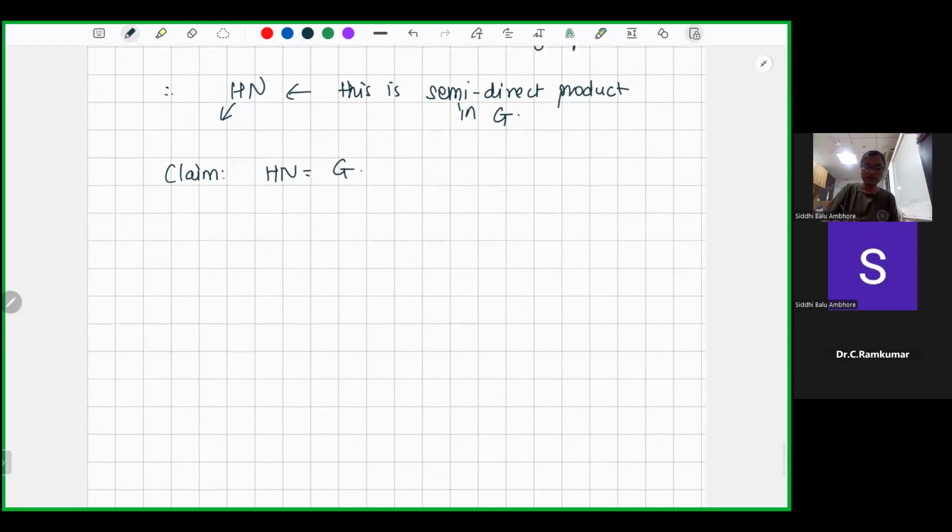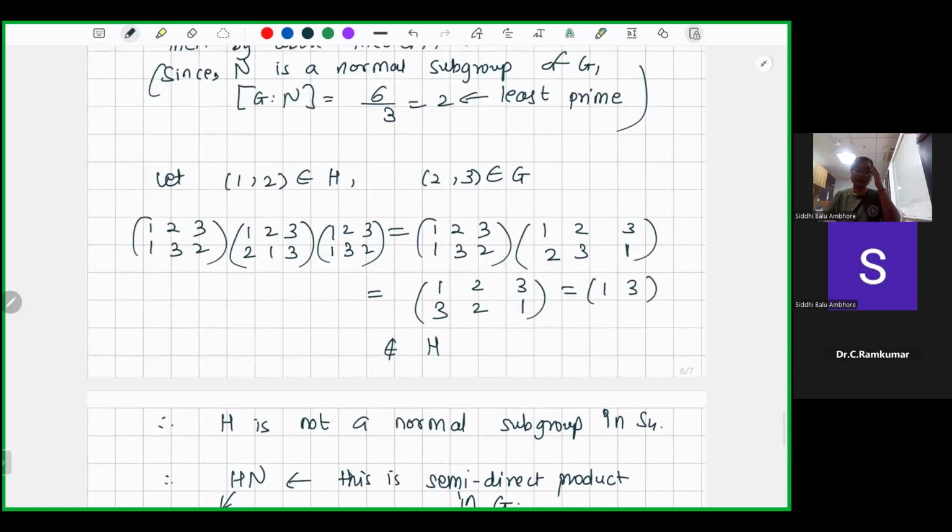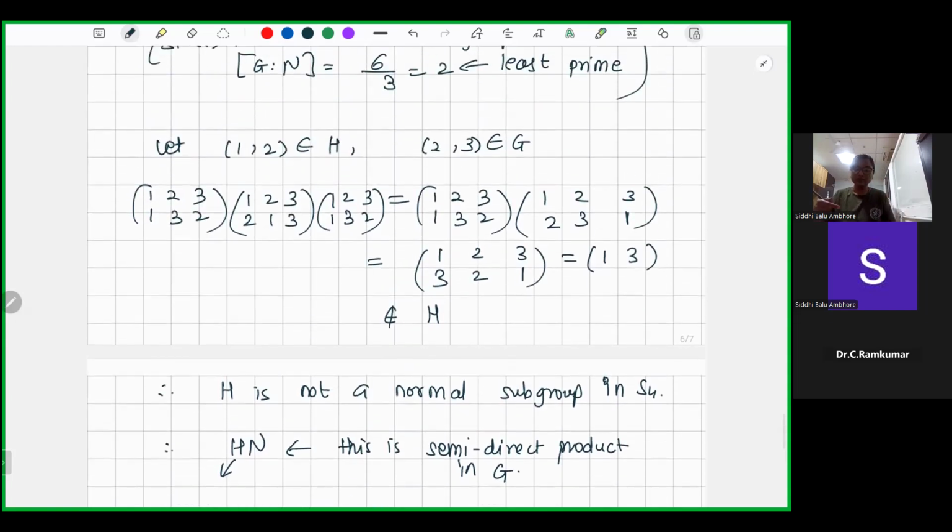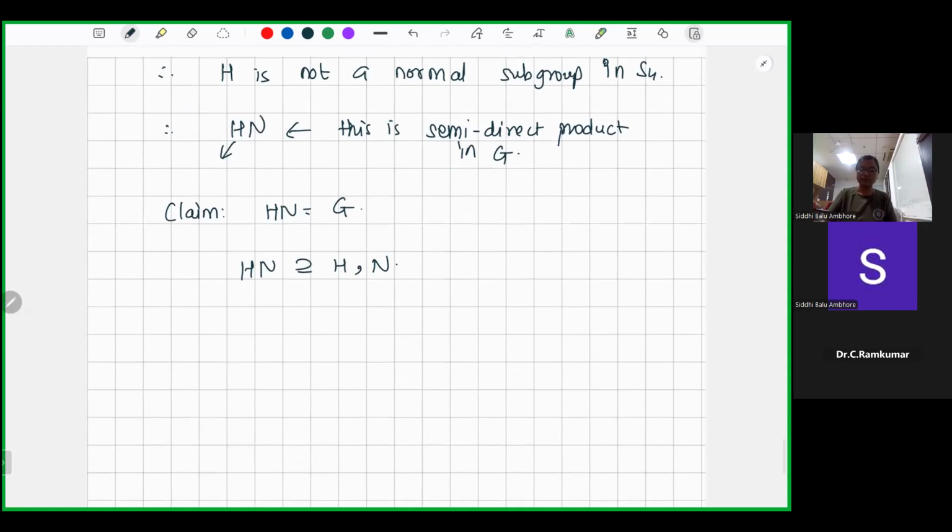And how to get that? Note that H into N contains H and N. So the elements we have are the identity, (1 2), (1 2 3), and (1 3 2) in HN.